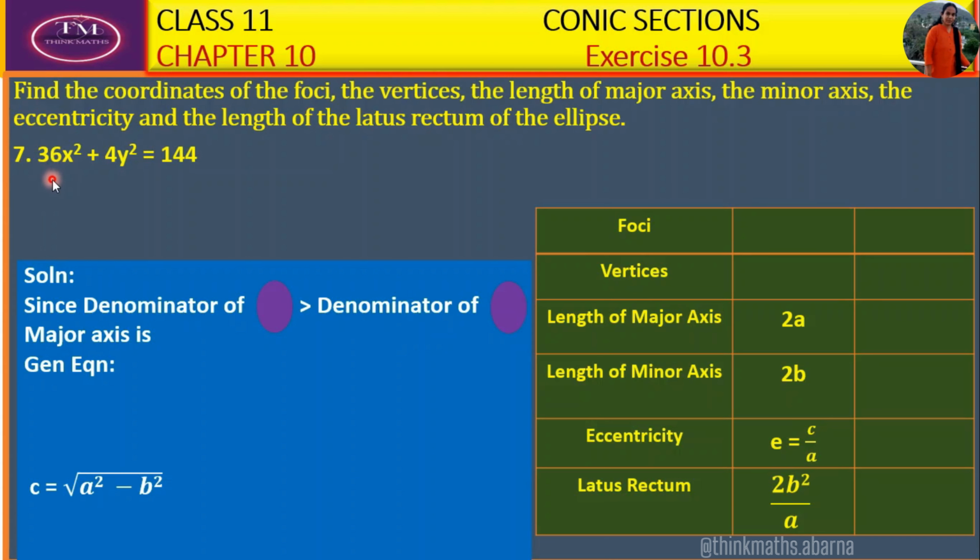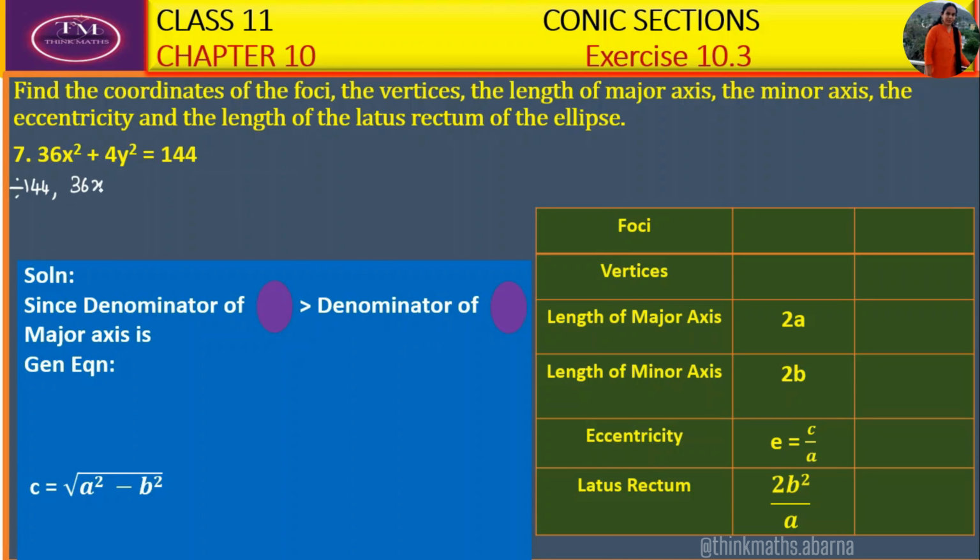Seventh problem, the equation is given as 36x square plus 4y square equal to 144. Now, first step, we have to convert this to a standard form, x square by a square plus y square by b square equal to 1. So to make the right hand side 1, we have to divide the whole equation by 144 on both sides.